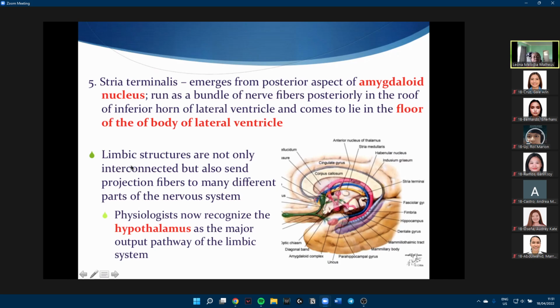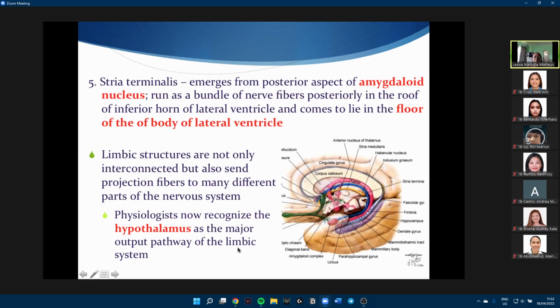So we have a note here which says, limbic structures are not only interconnected, but they also send projection fibers to other parts of the nervous system. Physiologists now recognize that the hypothalamus is the major output pathway of your limbic system, no?